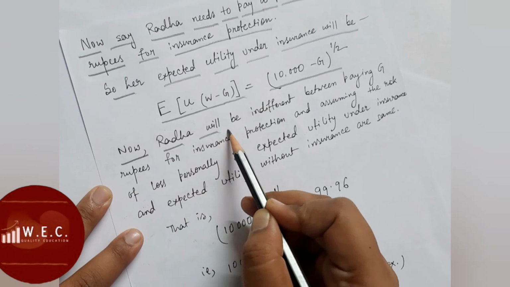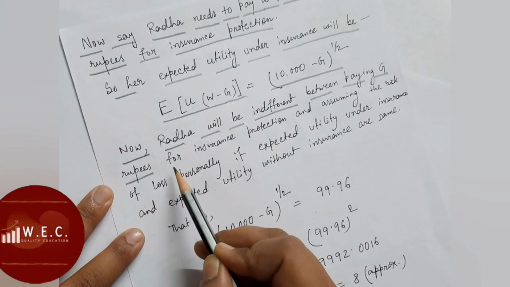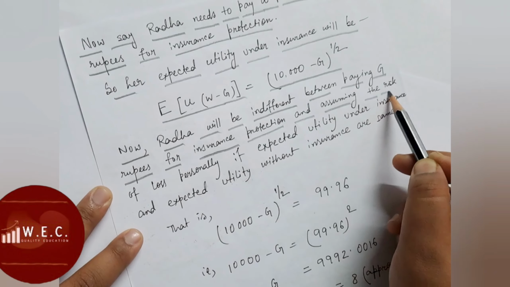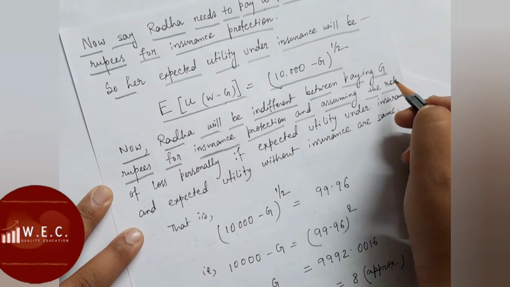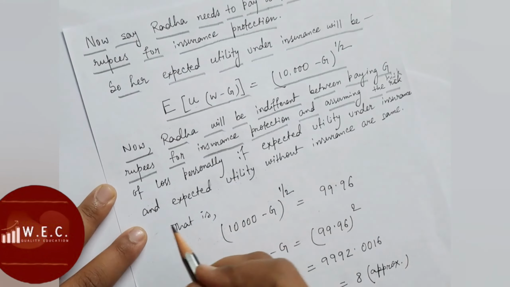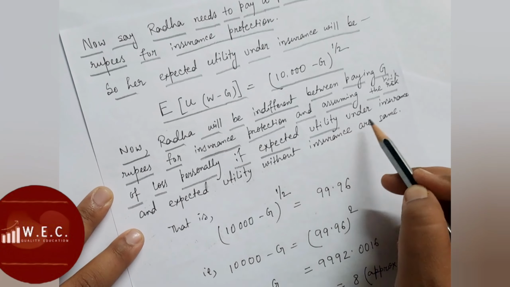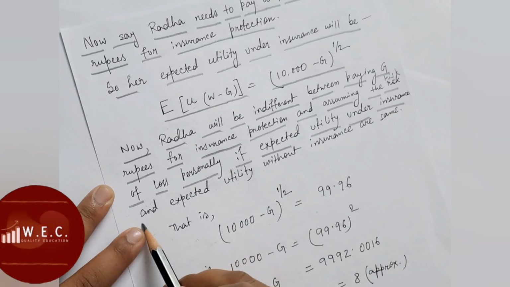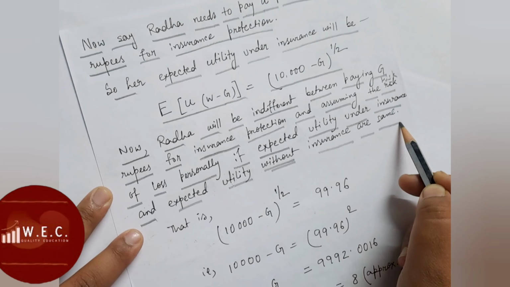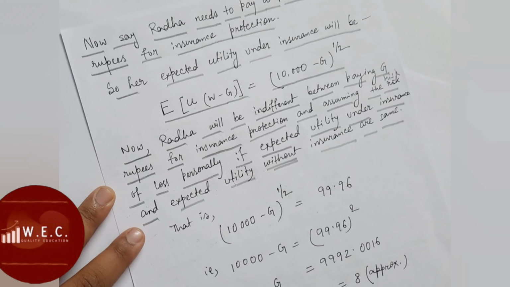Now Radha will be indifferent between paying G rupees for insurance protection and assuming the risk of loss personally if expected utility under insurance and expected utility without insurance are same. So we just have to equate expected utility under insurance and expected utility without insurance and make an equation.